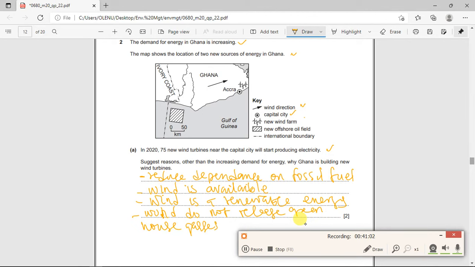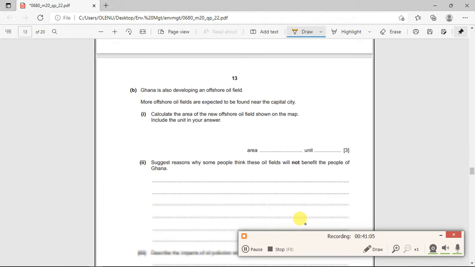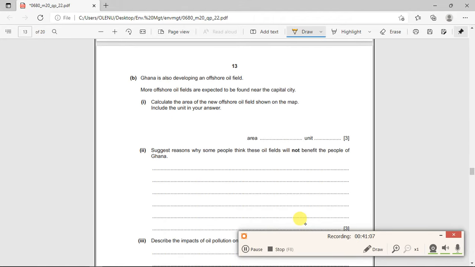So the next question is, Ghana is also developing an offshore oil field. More offshore oil fields are expected to be found near the capital city. Now, calculate the area of the new offshore oil field shown on the map. Include the unit in your answer.